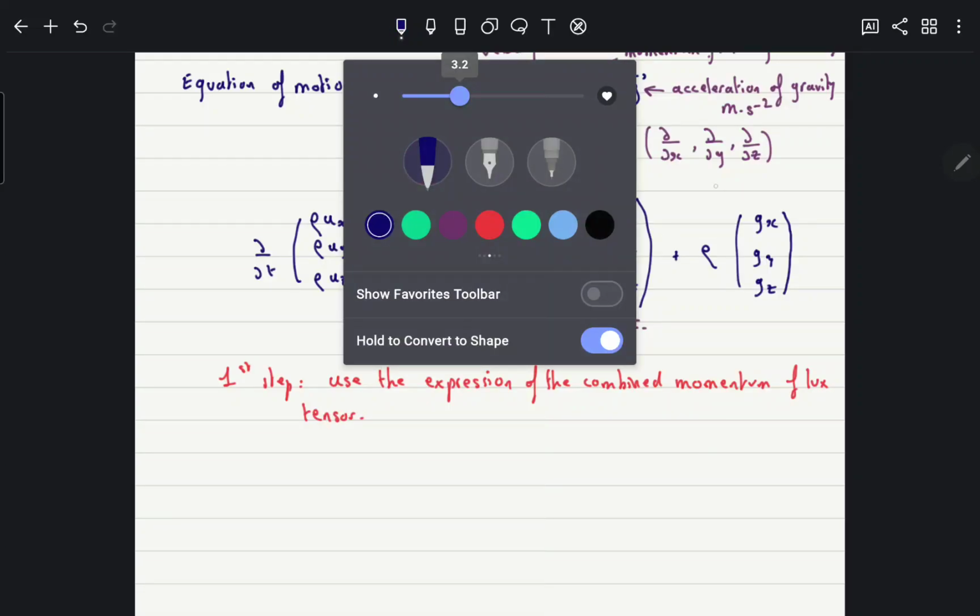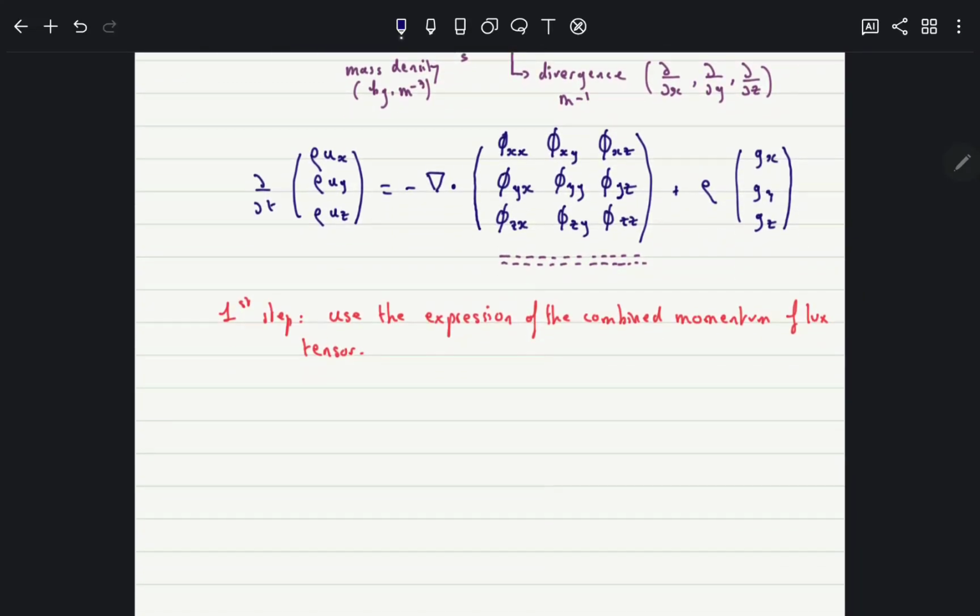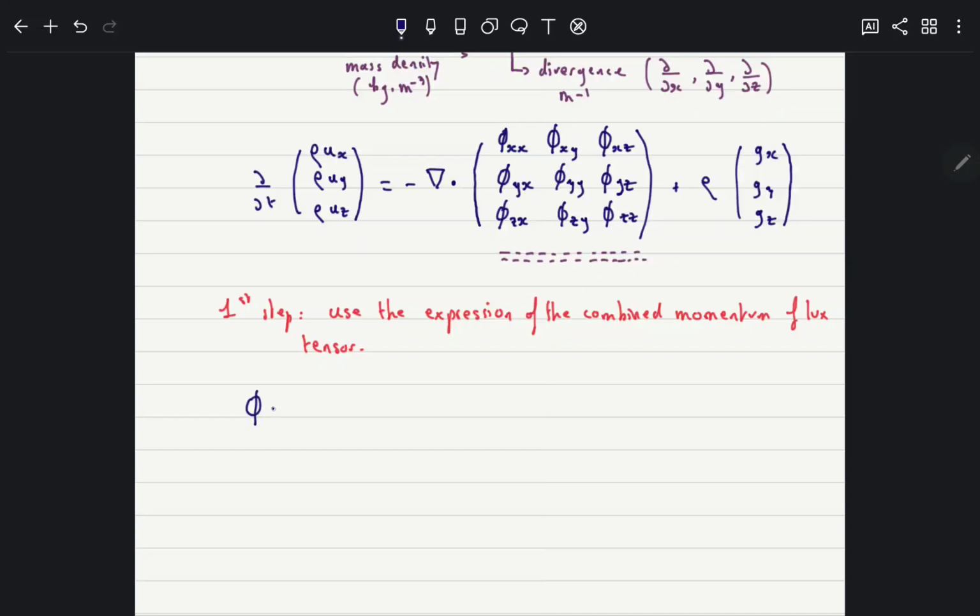So what is that exactly? Basically, we can rewrite our momentum flux that we introduced there on top as a combination of several contributions, one that we will call pi, which will represent the molecular momentum flux tensor, and there is also a convective contribution to the momentum flux, which will be written as rho times the dyadic product of the velocity, like that. Okay, so let's define the terms.